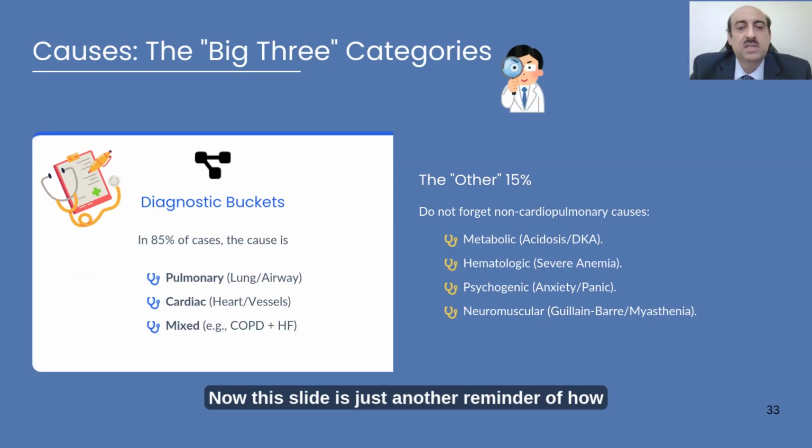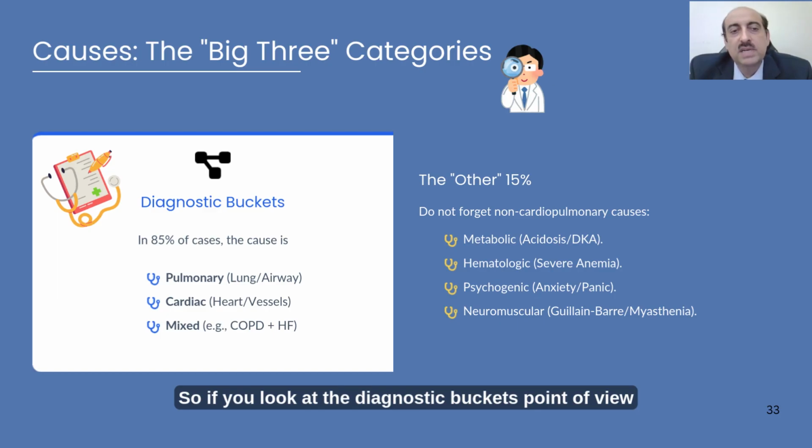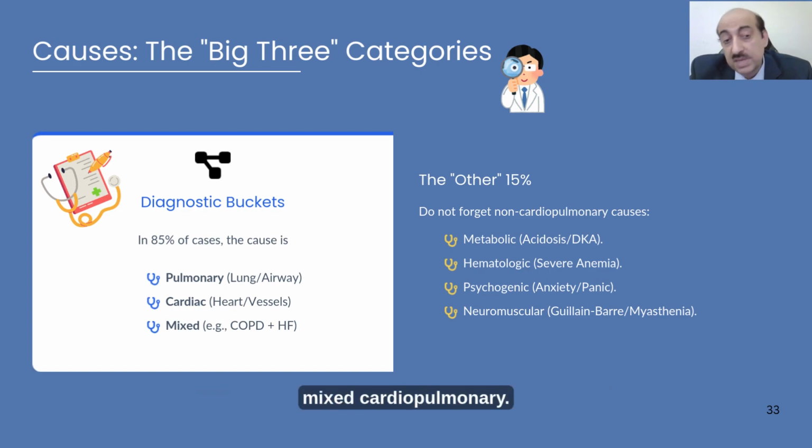Now this slide is just another reminder of how to put things into context. If you look at the diagnostic buckets, in predominantly 85% of patients with acute dyspnea the etiology is either pulmonary or cardiac or a combination of mixed cardiopulmonary. So this is a huge chunk.